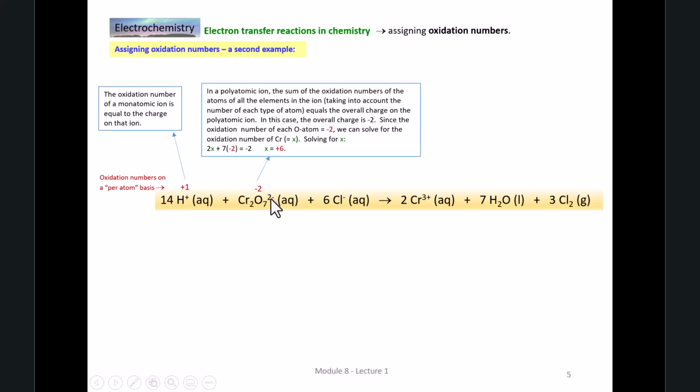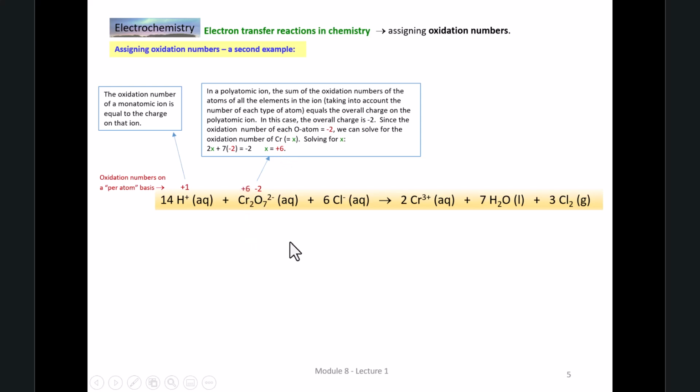If you do the math here, if you have 7 oxygens times -2, and then you add in 2 chromium atoms for which you do not know the oxidation number, 2x, that math expression has to add up to -2, so the oxidation number of chromium there has to be +6.